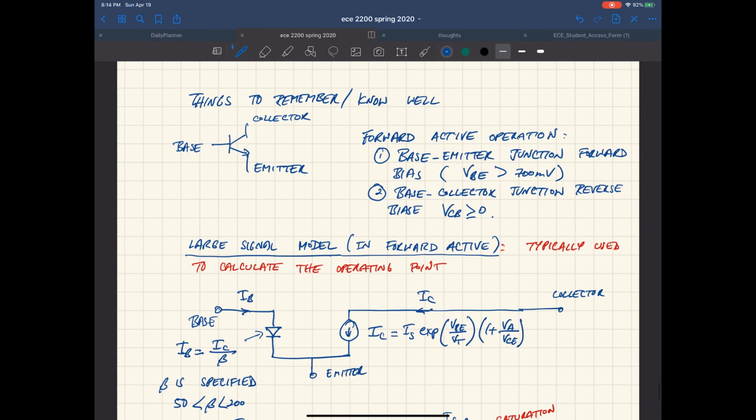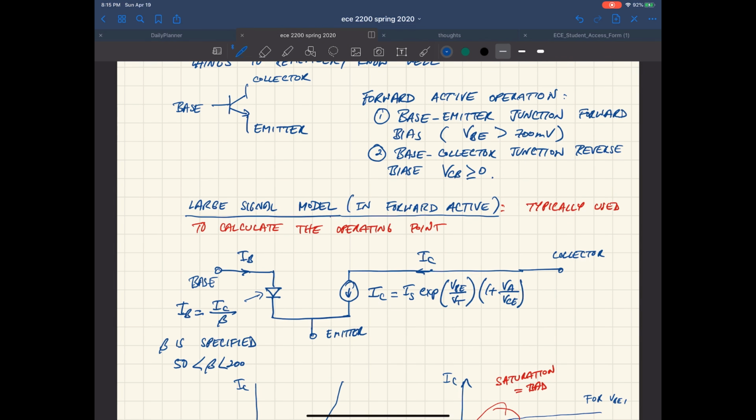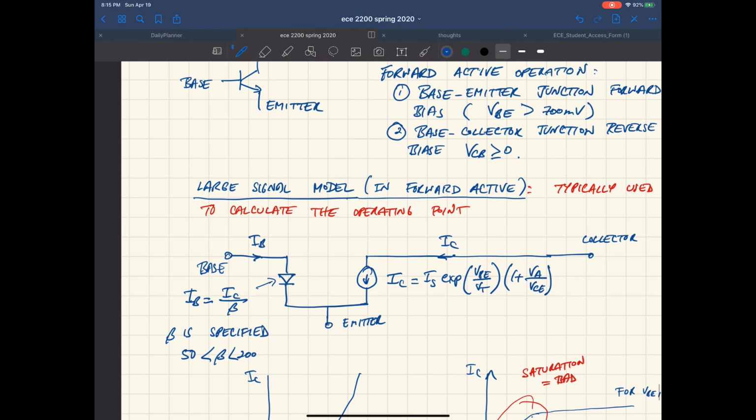Okay. So assuming you're okay with all these things, then you're operating in the forward active region, and we have a large signal model for this. The large signal model is mathematically complex because we have exponentials in the current equations.